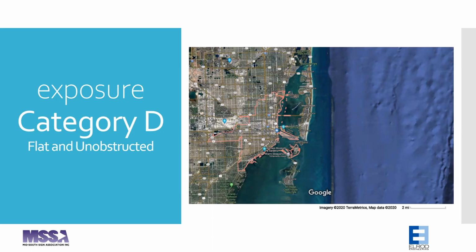But then if you look in the upper and lower left corners, that's exposure category C, where it's less built up. So you've got all three of them in this area. Your engineer needs to be aware of this, because if you've got an install for a gas station right there along North Beach, along A1A, it's going to be exposure D, and therefore it's going to have higher wind loads that need to be considered for the design.